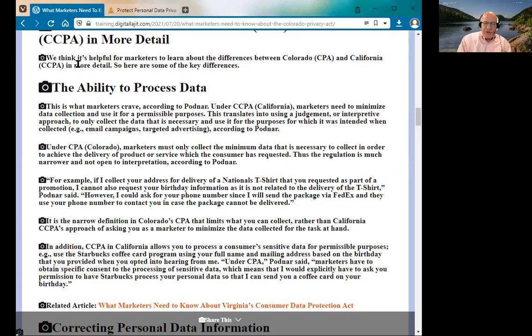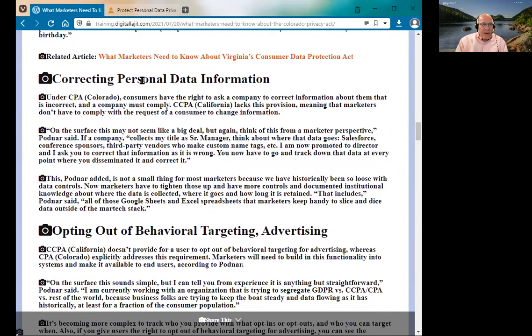There's a lot of information here. I'm not going to read this, but I am going to talk about a couple of things. First of all, you have to get specific permission from the user to collect their data, and you can only use it for the things that you specifically said.